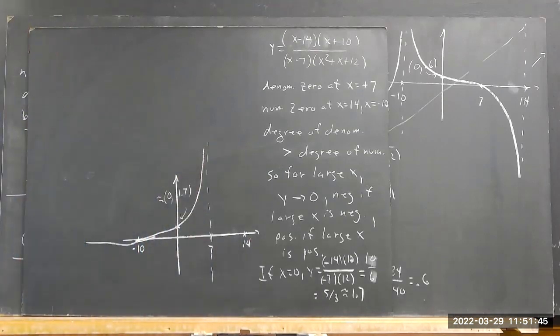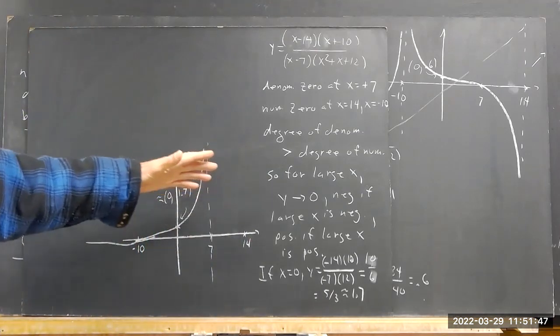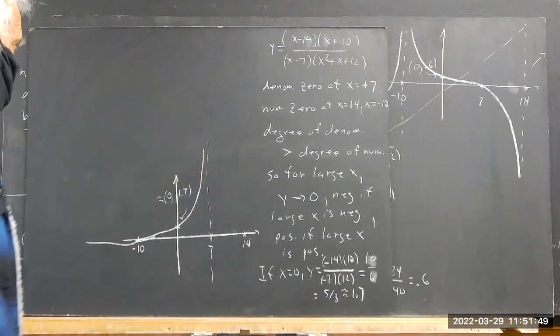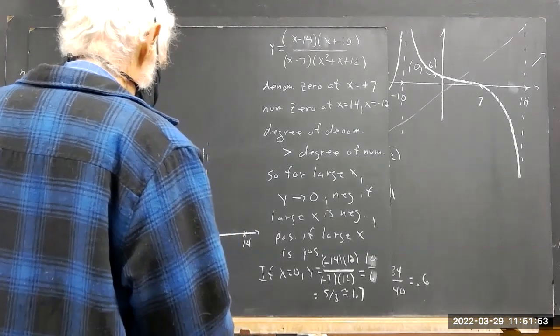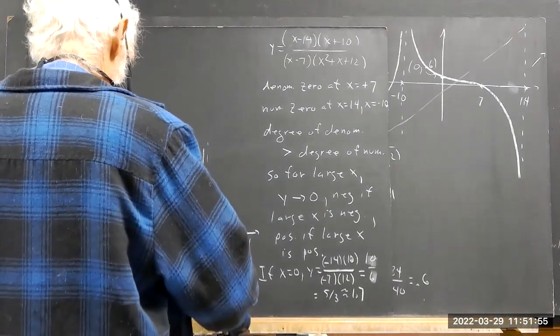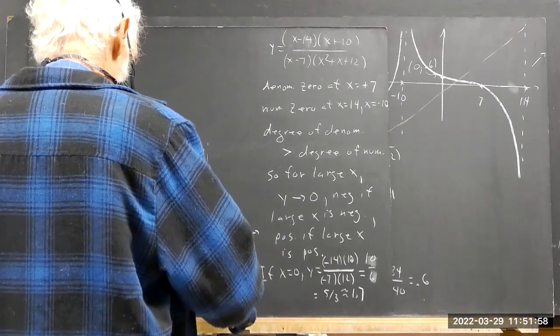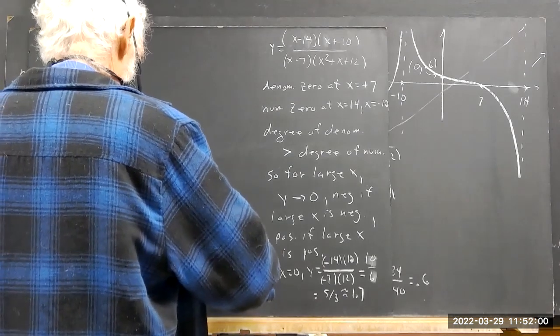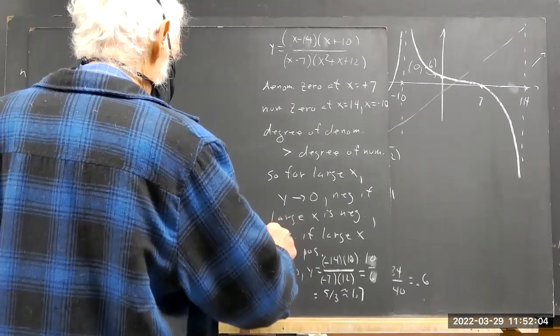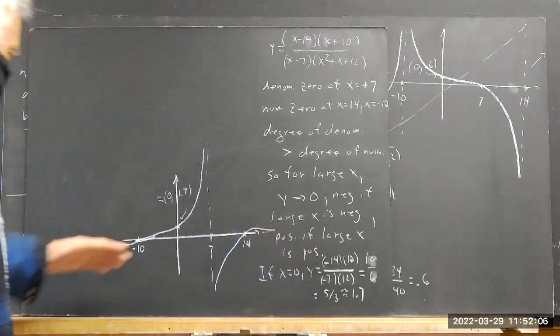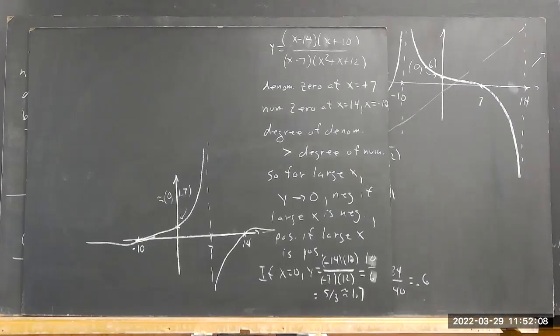And that all works. Then on this side, it comes up through here, turns around and becomes asymptotic to the x-axis again. So there we have it.